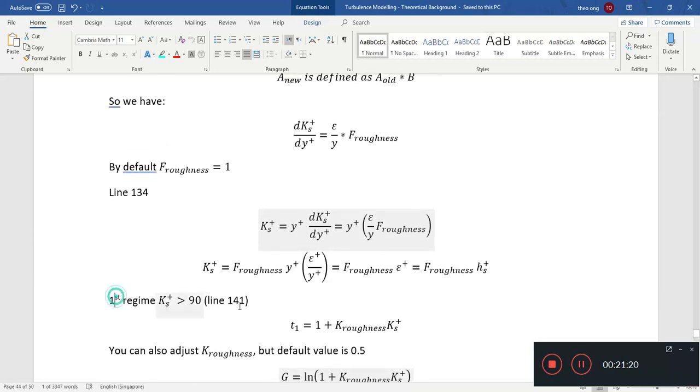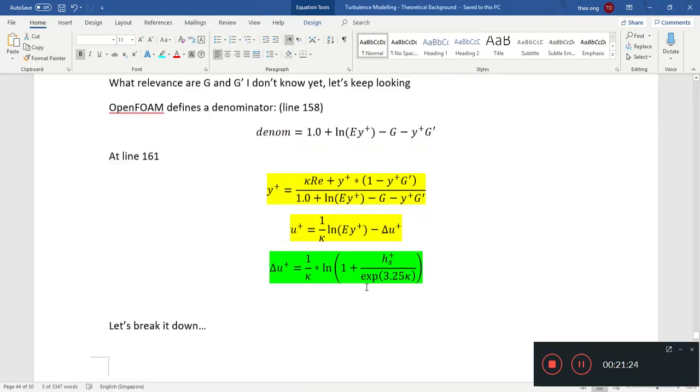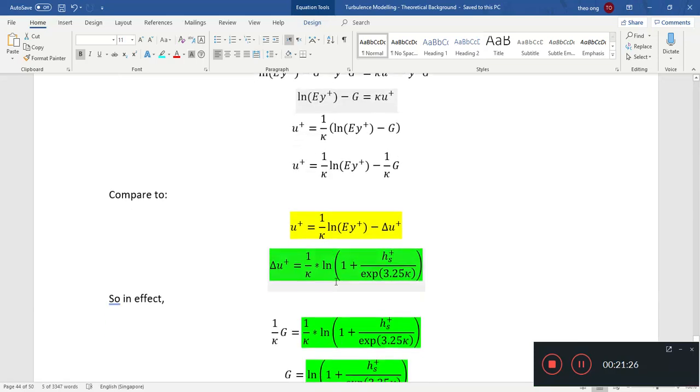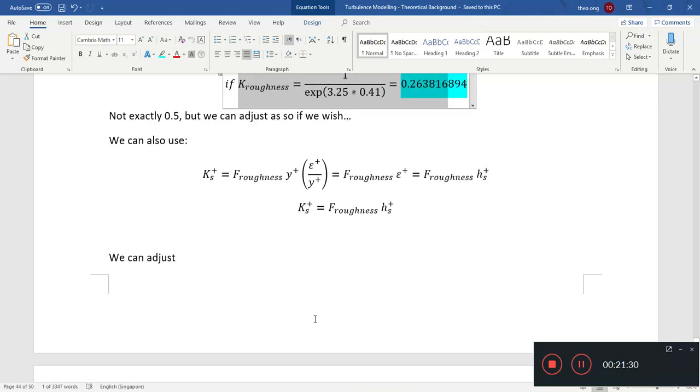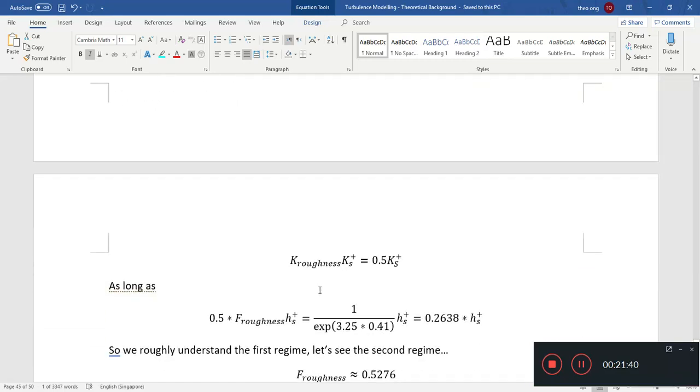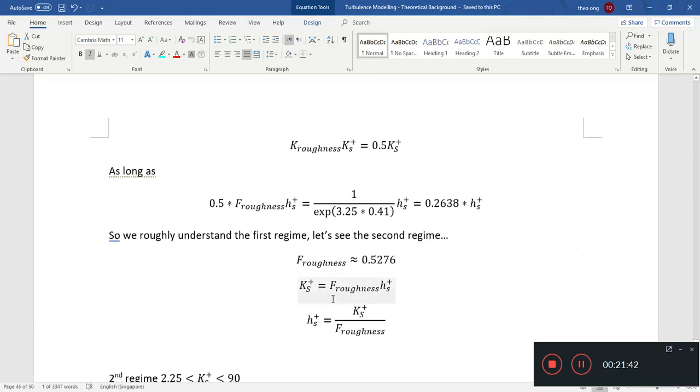Yes, this one. I shall just bold it. So the region where Ks plus is more than 90, we are sure to match because if k roughness equals this much, then we can get it. But we want k roughness to be 0.5. So we can adjust f roughness. Then we have f roughness equals 0.5276.